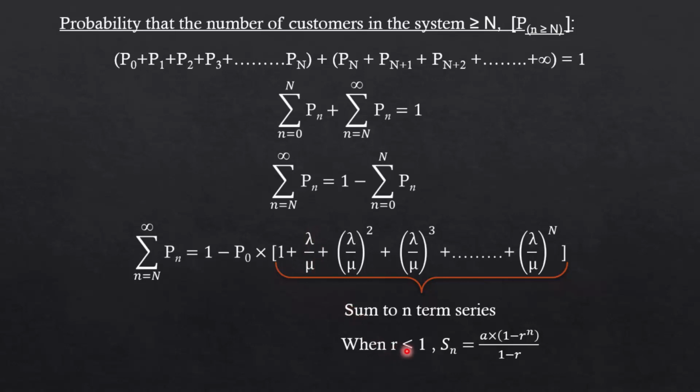So the value of r is less than 1. That means we can use this formula here, where a is the first term, which is 1 here, r is the common ratio, which is lambda by mu, and n is given by this capital N, which is the number of terms. So let us put this equation in this form.